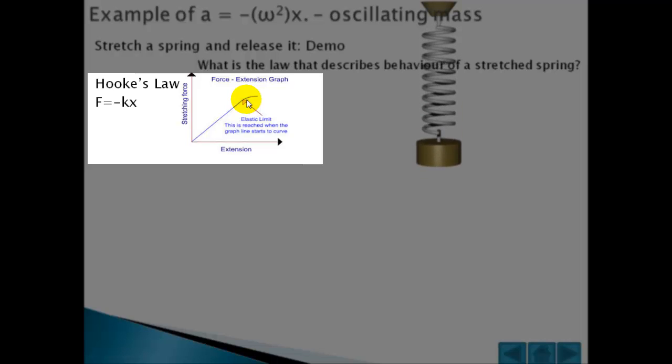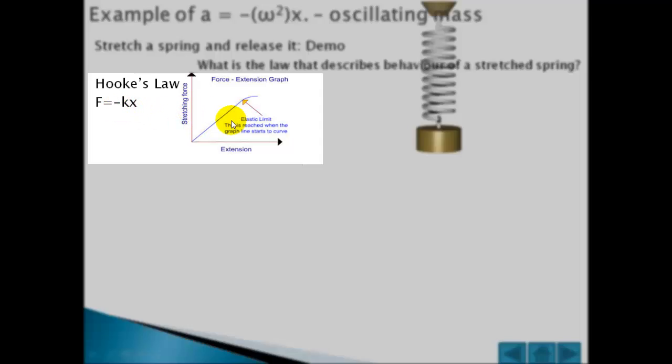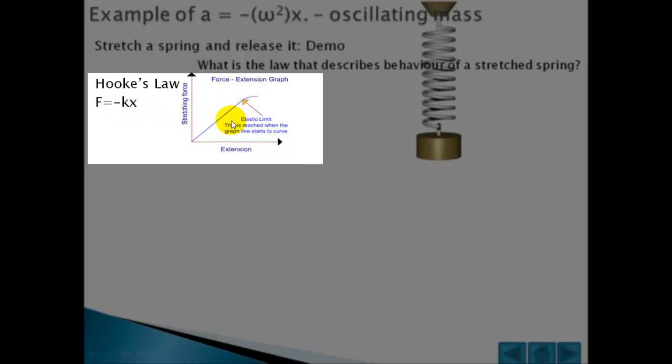You should know about this already. So we know that the force, the stretching force, is equal to a constant times x, which is equal to negative kx. I put the negative there because the force that's pulling back on the spring is in the opposite direction to the extension. So the question is, would this exhibit simple harmonic motion? You must remember the equation for simple harmonic motion is at the top: a is equal to minus omega squared x.